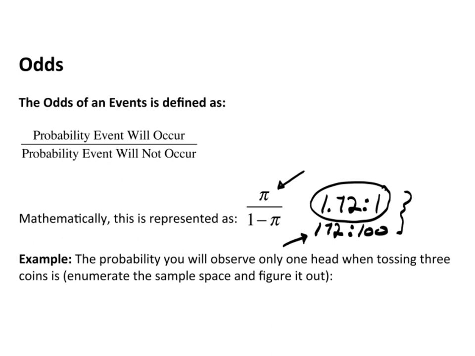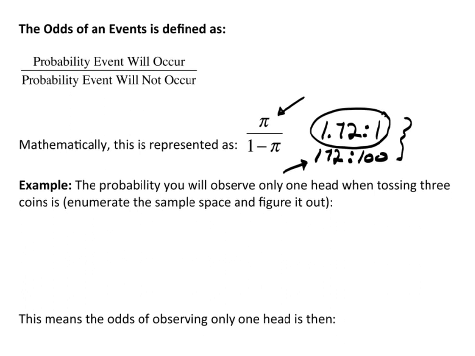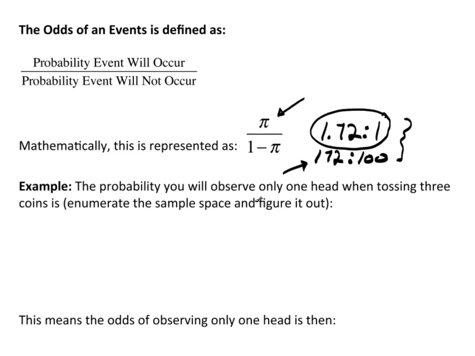Now, let's go on to an example here. The probability to observe only one head when tossing 3 coins is, well, enumerate the sample space and figure it out. We actually did that in an earlier video. Just as a reminder, we did that tree diagram, the heads, tails, that sort of thing.